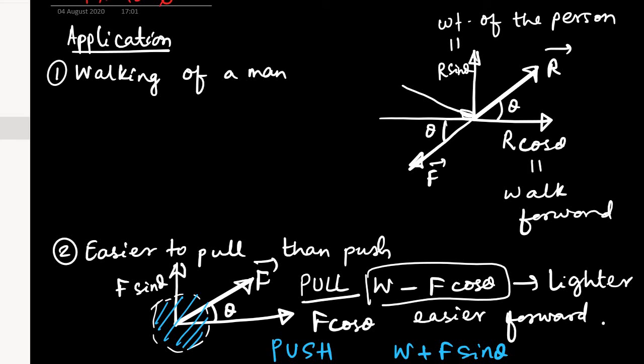But when you try to push it, the force is directed this way, so F sin theta will be added to the weight, making it heavier. So these are the things we must consider while doing problems, which I will be solving later on. Till now, this is it.